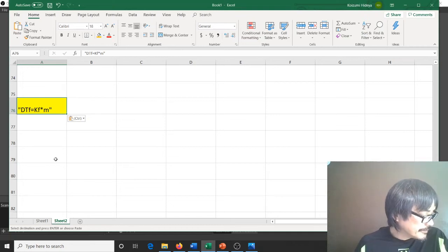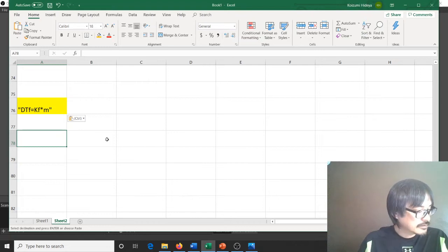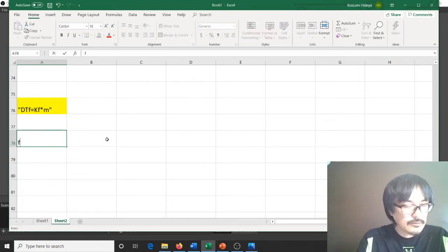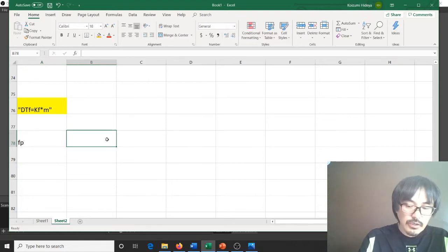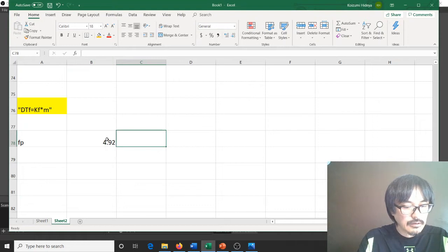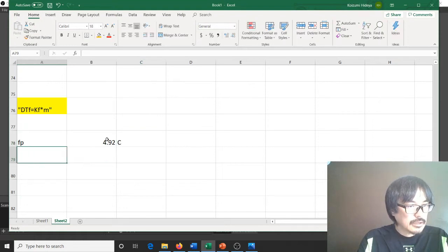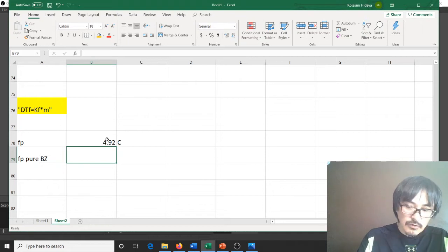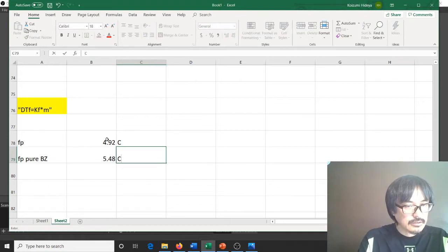The freezing point of the solution is 4.92 degrees Celsius, and the freezing point of the pure benzene is 5.48 degrees Celsius.